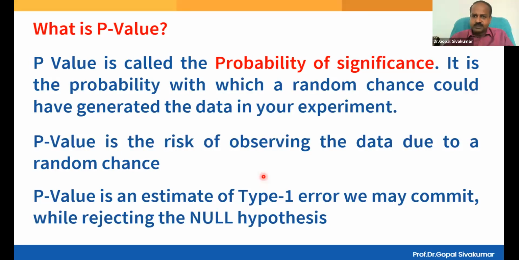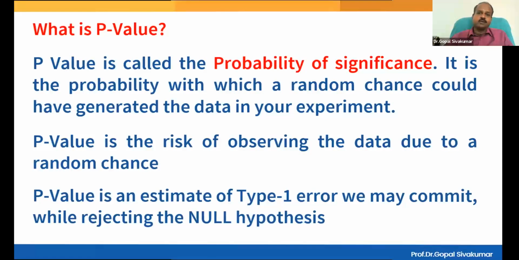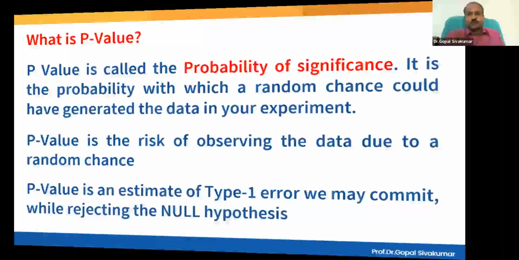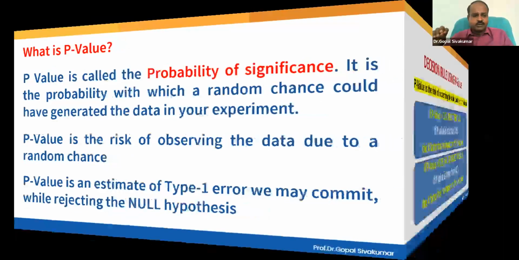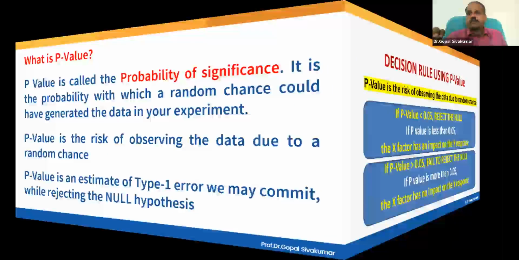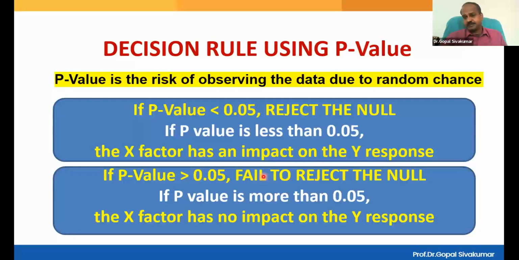That is what we learned in the previous slides. So ultimately, when you are doing the null hypothesis, you should try to achieve a confidence level of 95% for accepting the null. Similarly, when you are rejecting the null, you make sure the type 1 error is less than 5%. So p-value will capture the type 1 error.